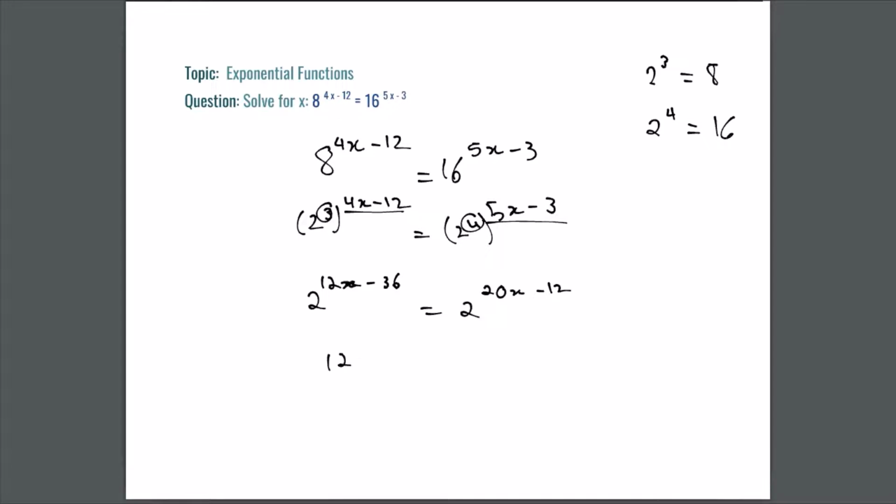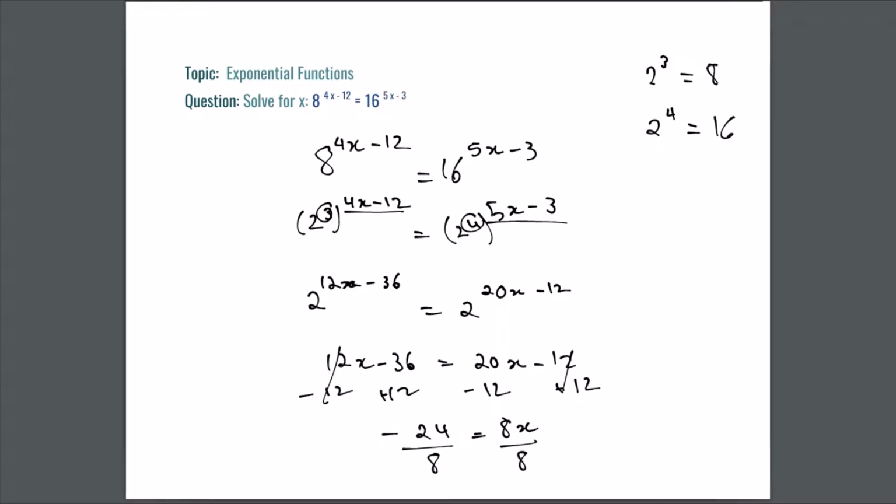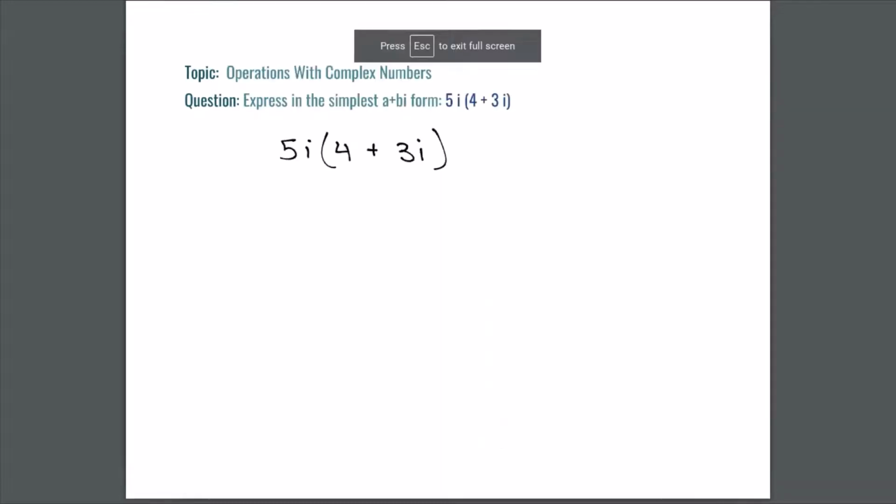So 12x minus 36 equals 20x minus 12. We subtract 12x on both sides and add 36 on both sides. These two will cancel. Negative 36 plus 12 is equal to negative 24. And 20x minus 12x is 8x. So x is equal to negative 3.